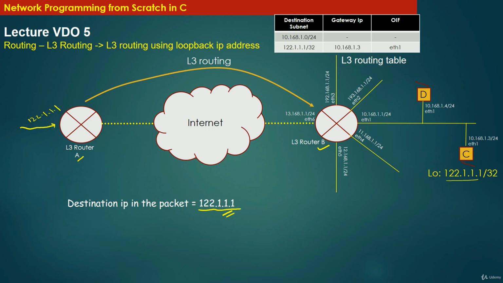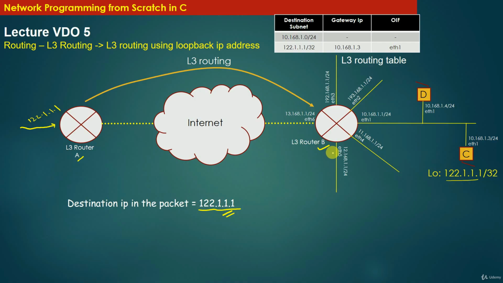Now again apply the concepts of L2 routing and L3 routing. So when L3 router B receives a packet with the destination IP address 122.1.1.1, it will inspect the destination IP address of the packet and see whether it falls in any of its local subnets.